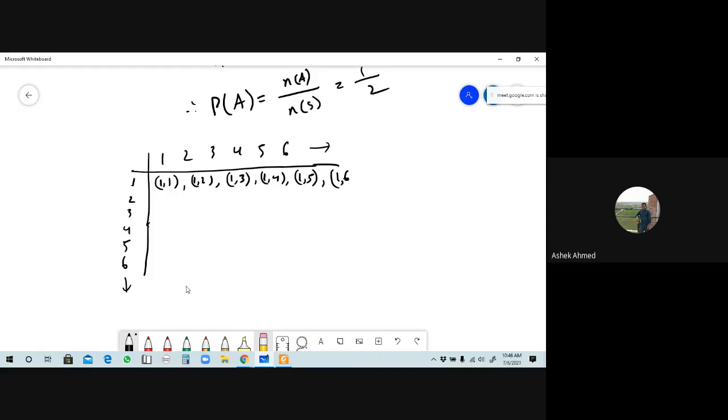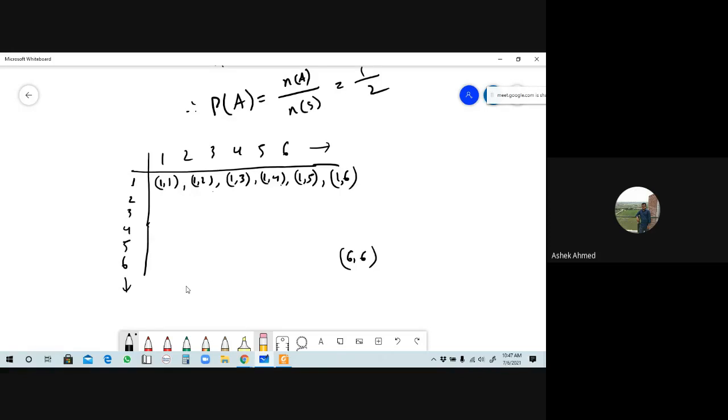What does this represent? This represents the outcome space with two dice. Tell me here how many outcomes there are. So 36, and the last outcome will be 6,6. Understand?